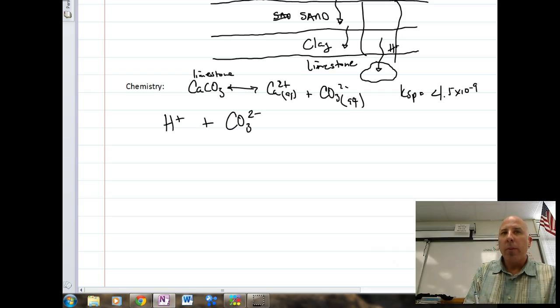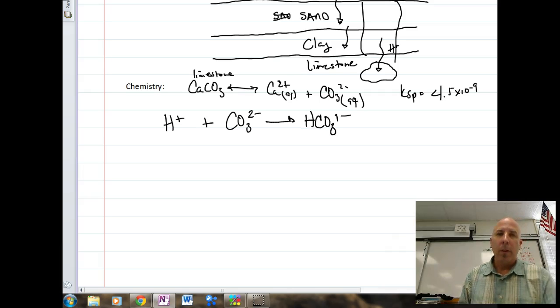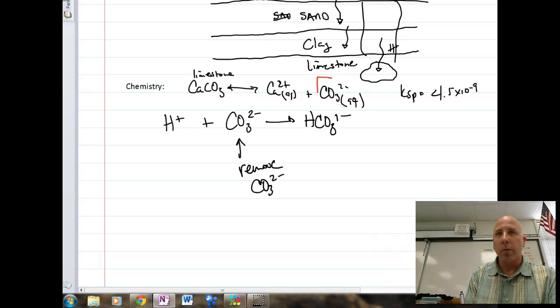Now, what happens is the hydrogen ions come along through the rainwater, which is pH 5 or 6, and they can react with the carbonate ion to form this ion, which essentially is going to remove the carbonate ion from our original equation, which is this equation here.